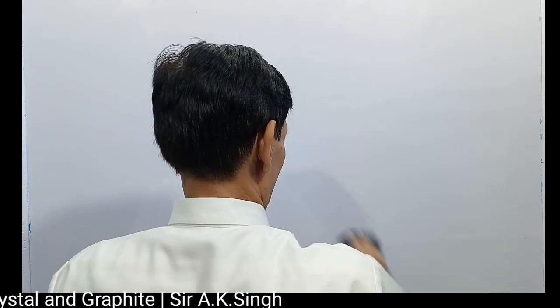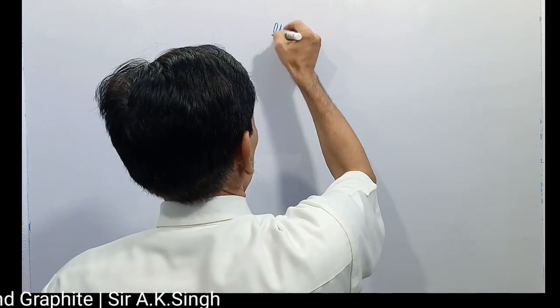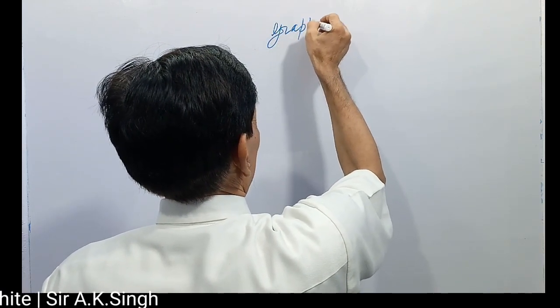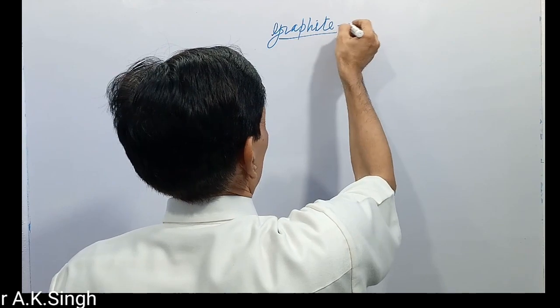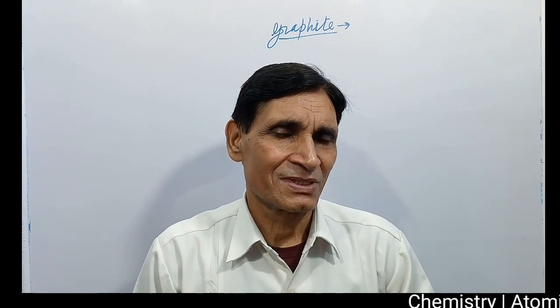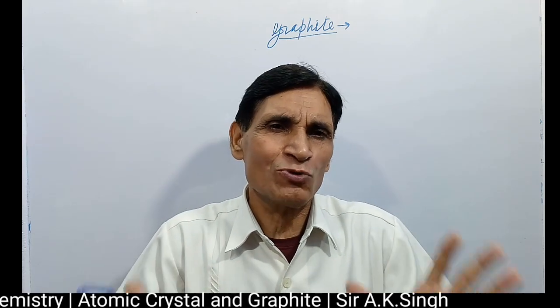This is graphite structure. Graphite is a crystalline allotrope of carbon which has a sheet-like or layer structure, in which each carbon atom is bonded to three neighboring carbon atoms in the same plane to form a hexagonal ring. Next point, each carbon atom is sp2 hybridized.